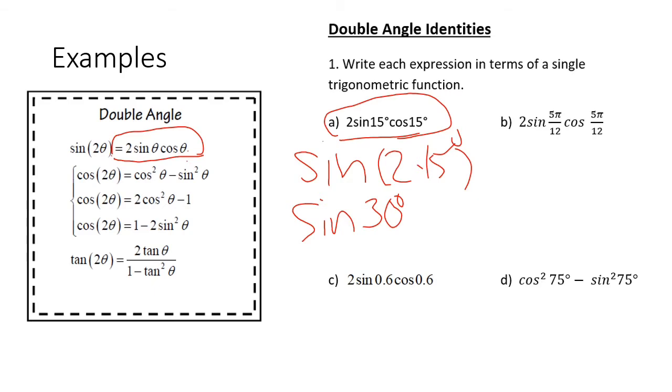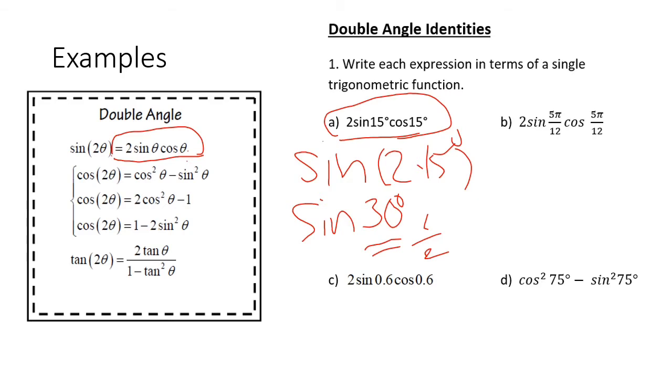And it says to write each expression in terms of a single trig function. I'm going to go ahead and get the value of this. You can get it from your unit circle. Sine 30 is going to be equal to 1/2.